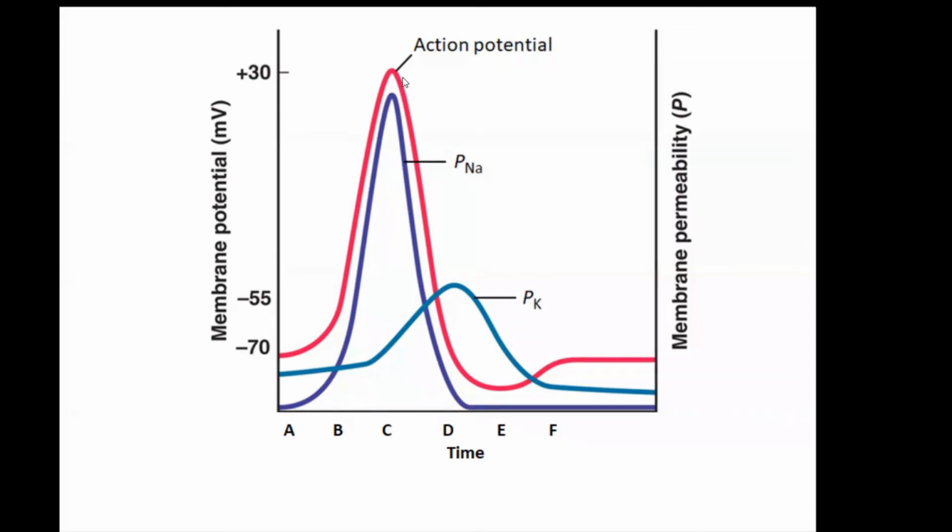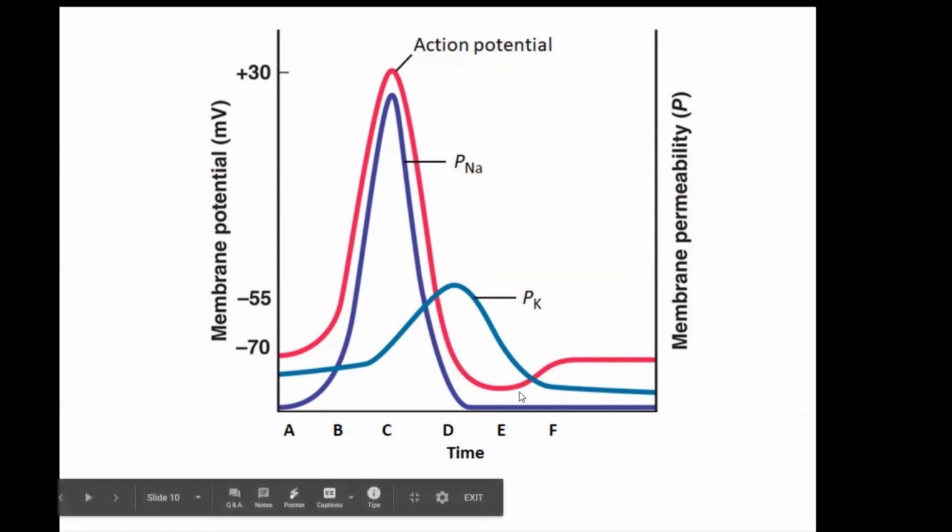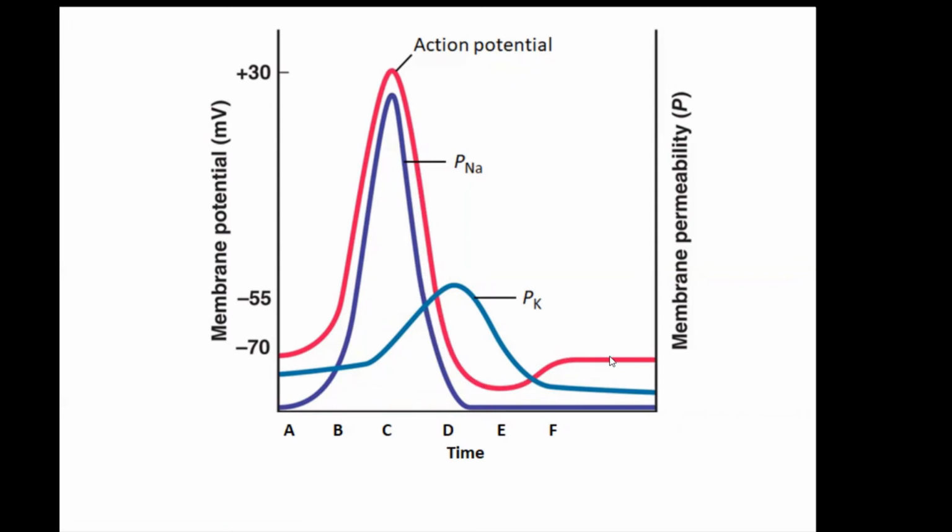Potassium wants to go out of the cell. So this sort of combo hit drops the membrane potential down, down, down, down. We're actually going to overshoot our resting membrane potential at the end. We're going to have this period of hyperpolarization after this spike of the action potential before we get back to our resting membrane potential. Okay.